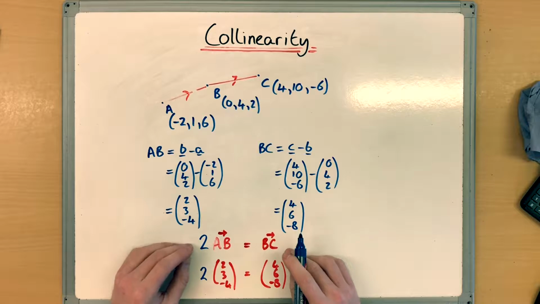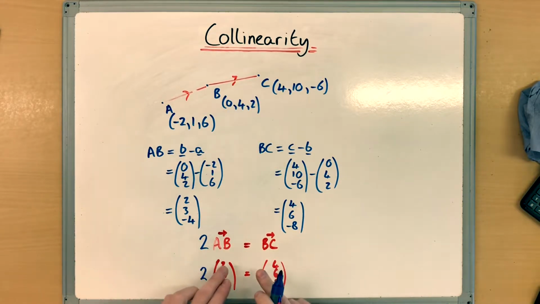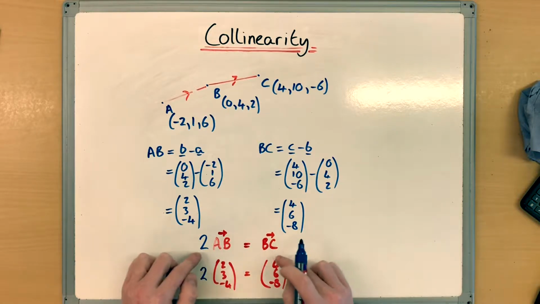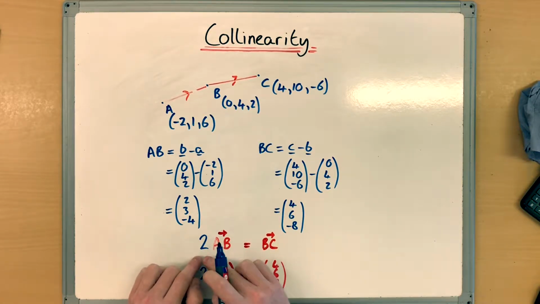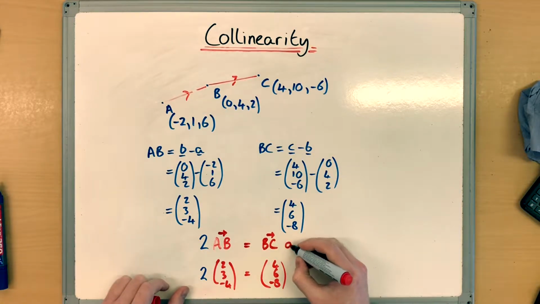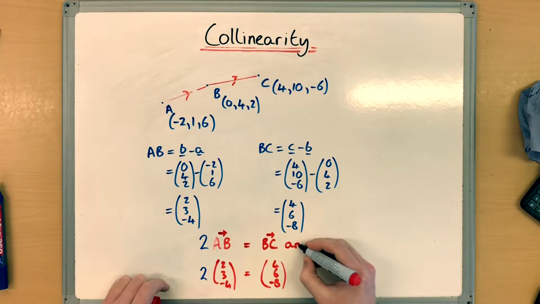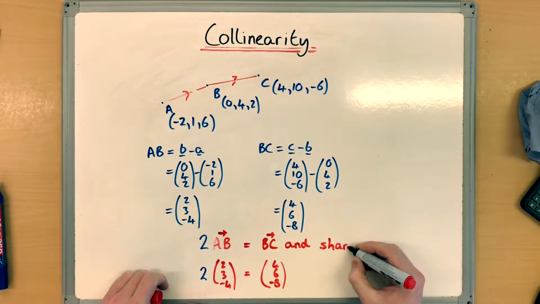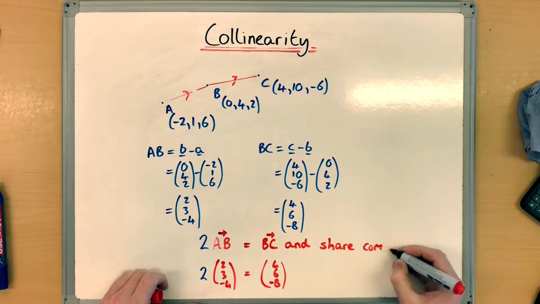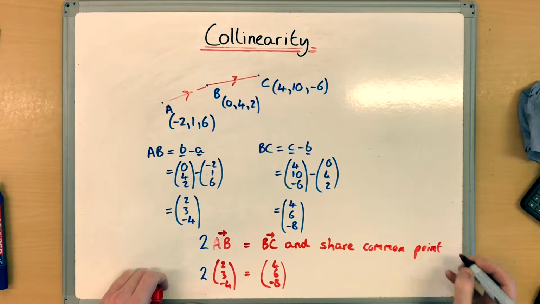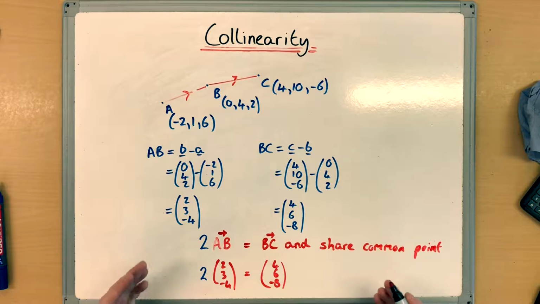And what I then like to do is, by showing that one is a multiple of another, I've shown that they're in the same direction. So I like to make this the start of my sentence. So I'm going to continue from here. Okay, I've shared a common point.